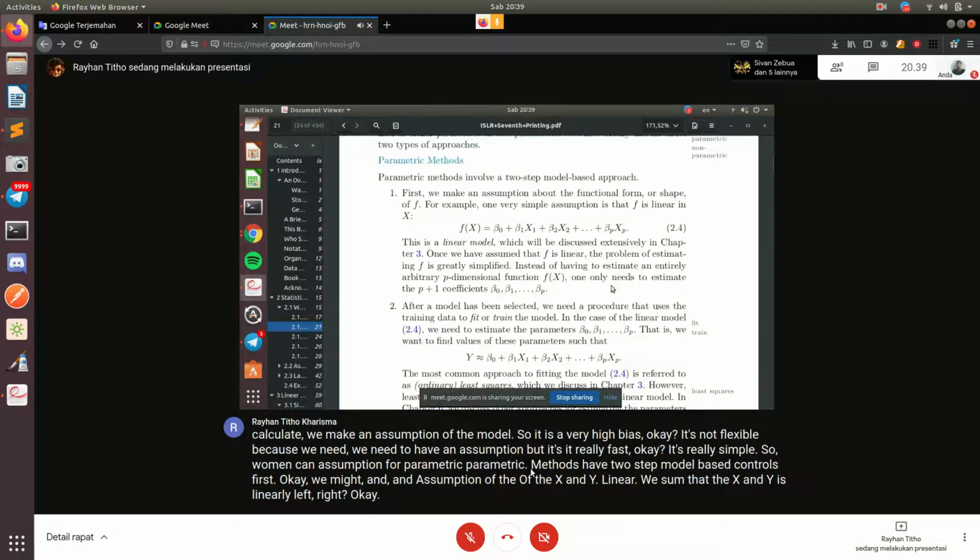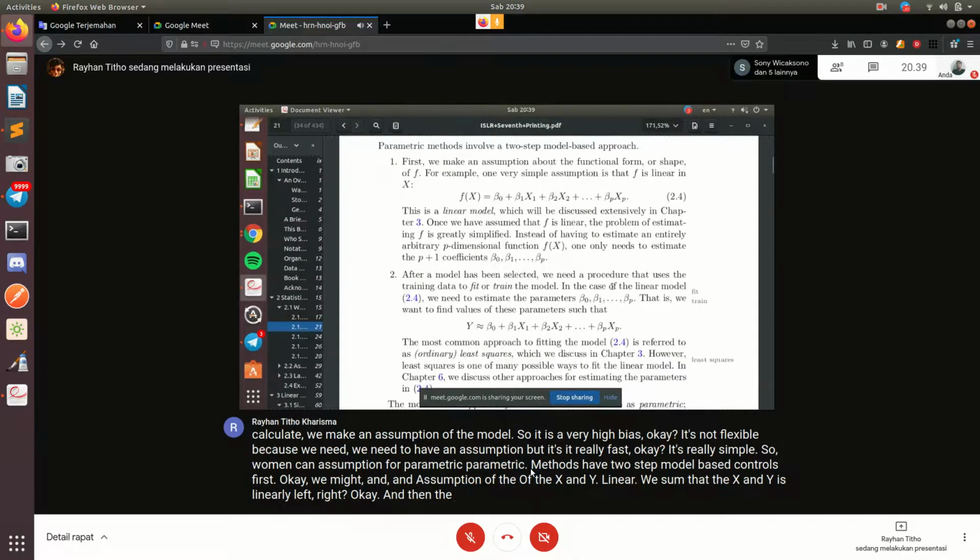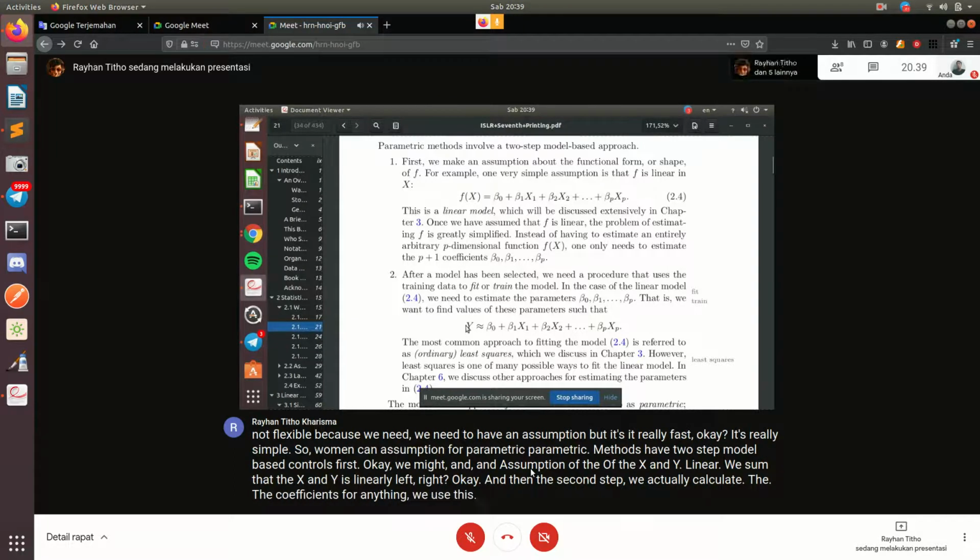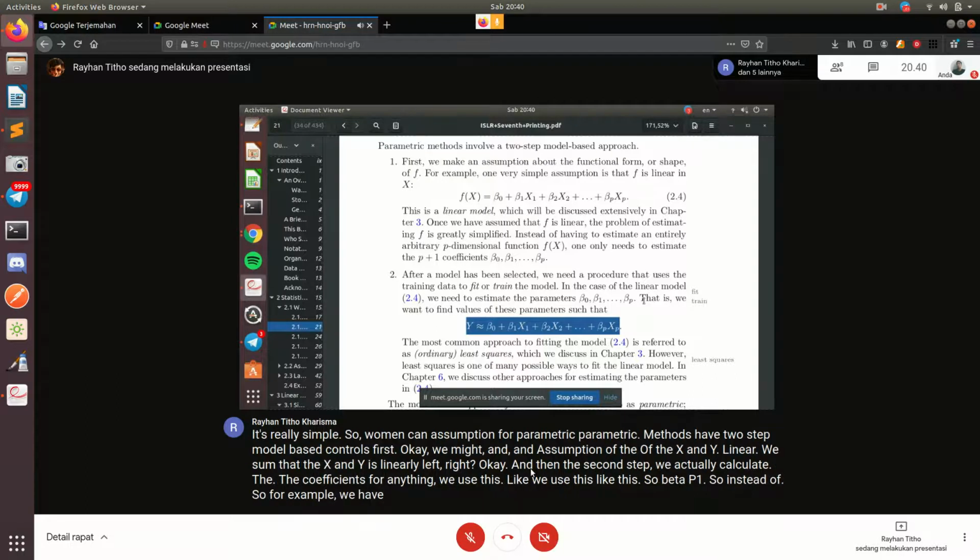Then the second step, we calculate the coefficients, beta. For example, we have 20 features and 200 data points.